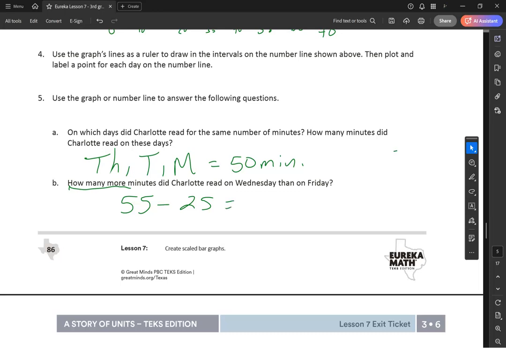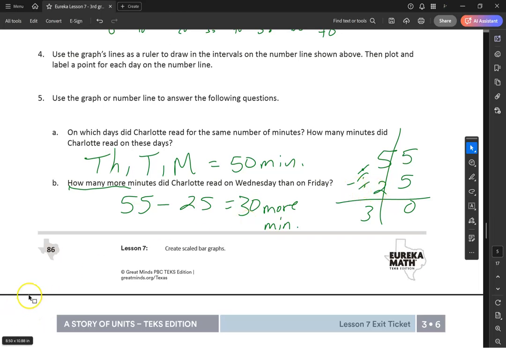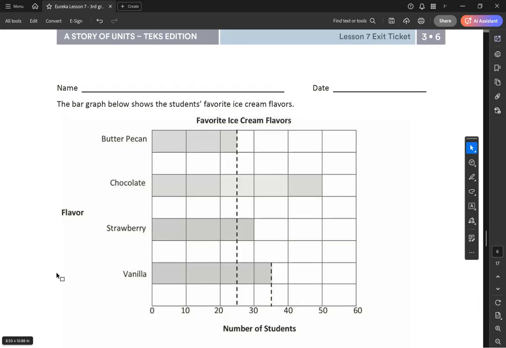We stack. 55 minus 25 is 30 more minutes. Okay. All right.